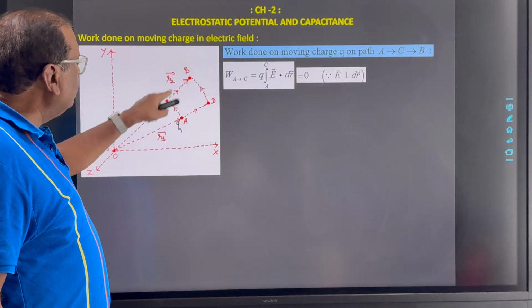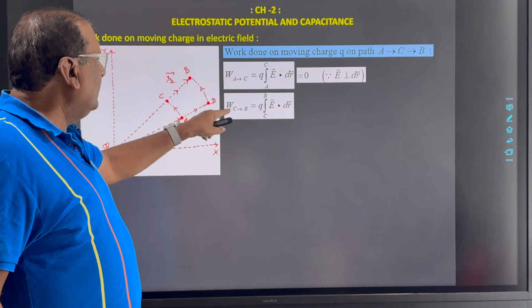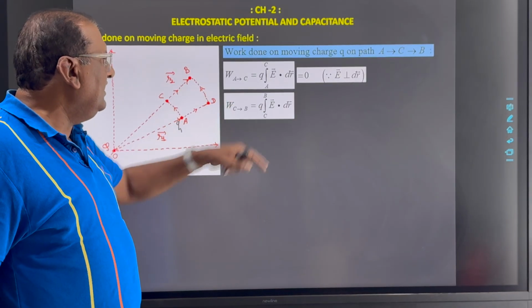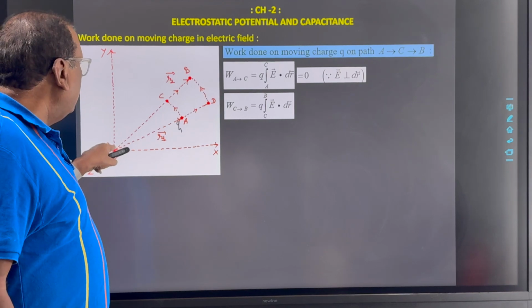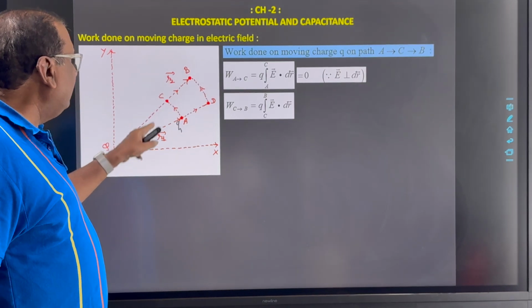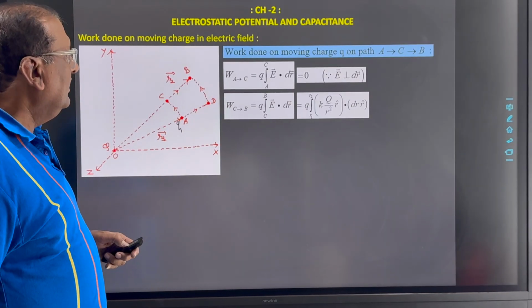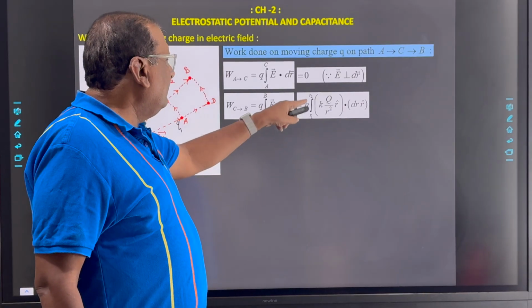Now move it from C to B. So we can write work done from C to B, q integration C to B E dot dr. O to C is R1, and O to B is R2. So we can write the limits here are R1 and R2.